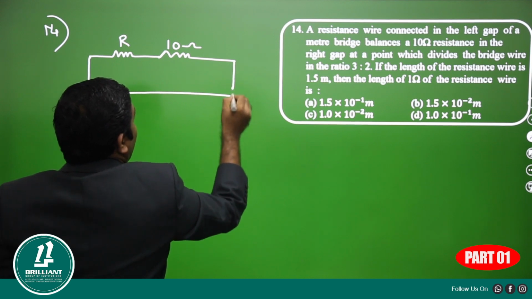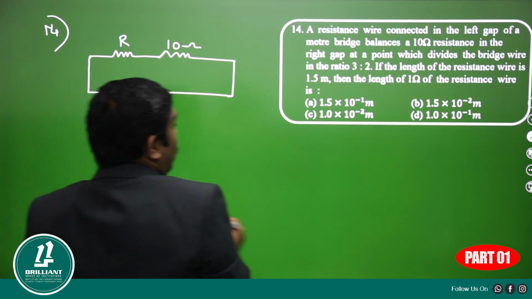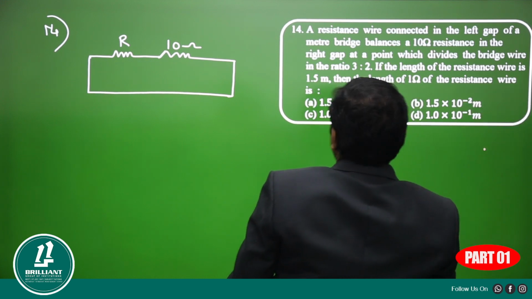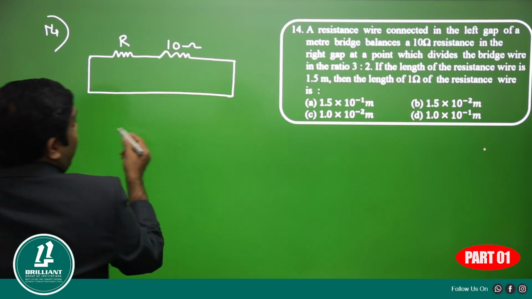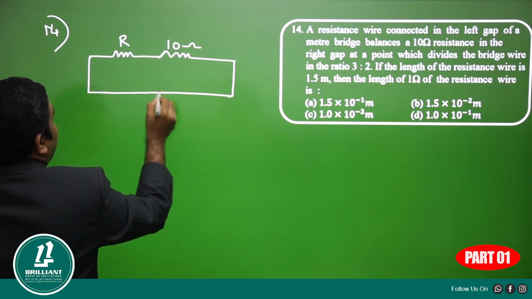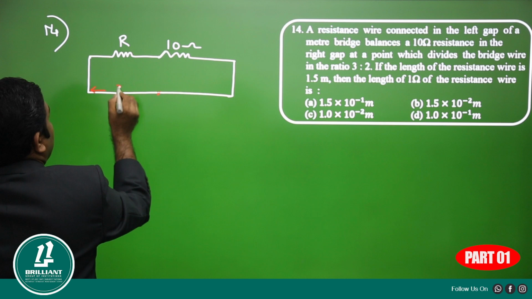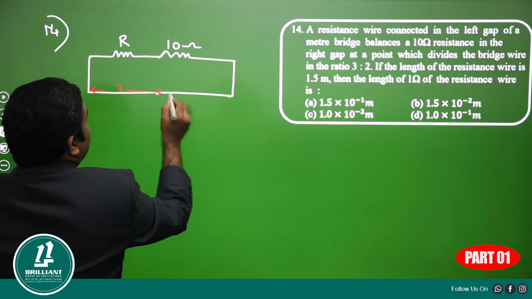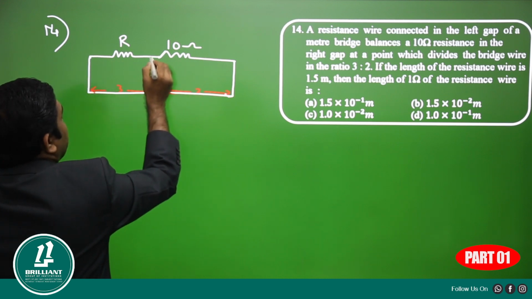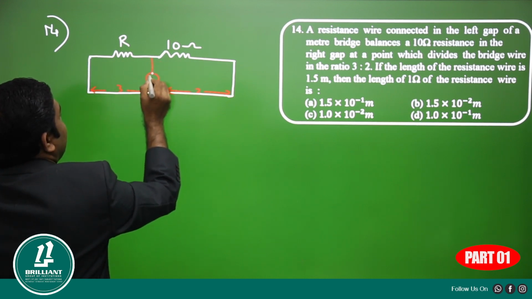They said the meter bridge wire is divided in the ratio 3:2. So if this much is 3, then this is 2. In between, the galvanometer is there.